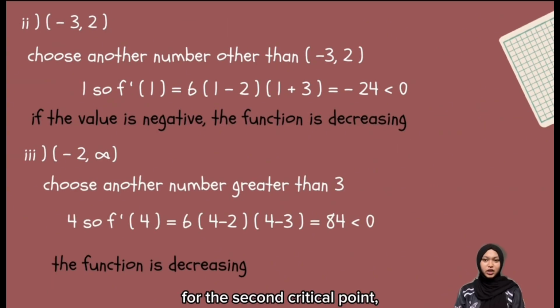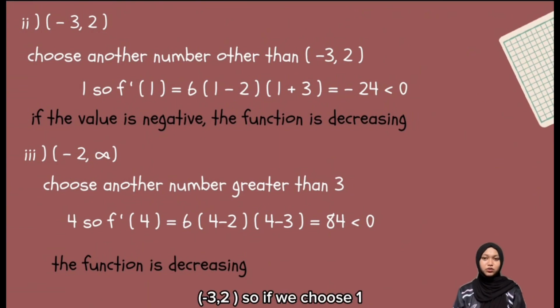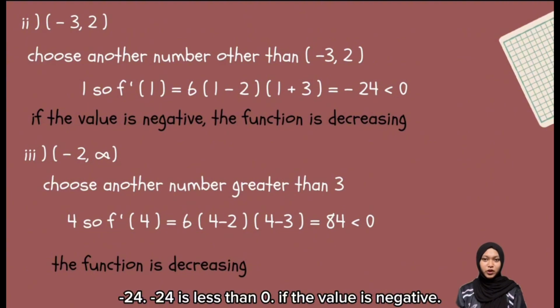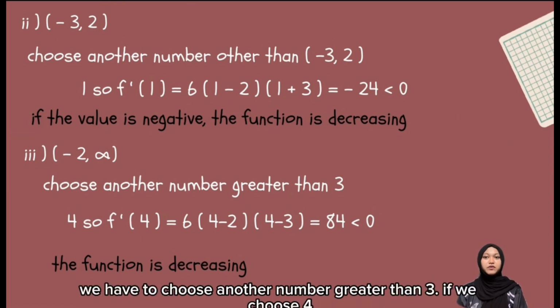For the second interval, we have to choose another number between -3 and 2. So if we choose 1, then do the same calculation as at the first interval, and we got -24. -24 is less than 0. If the value is negative, then the function will decrease. For the last interval, we have to choose another number greater than 2.